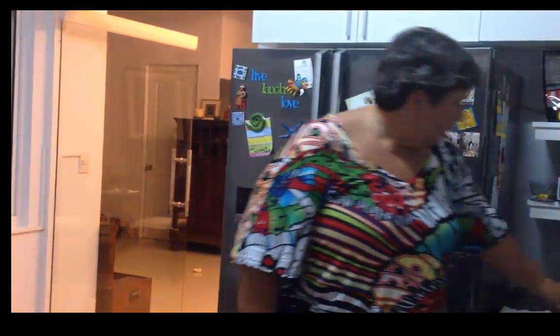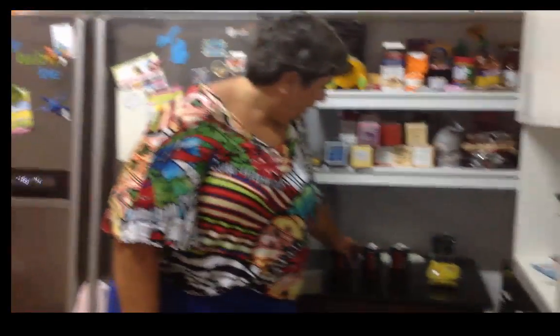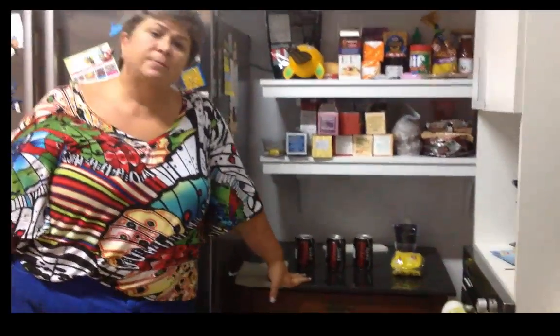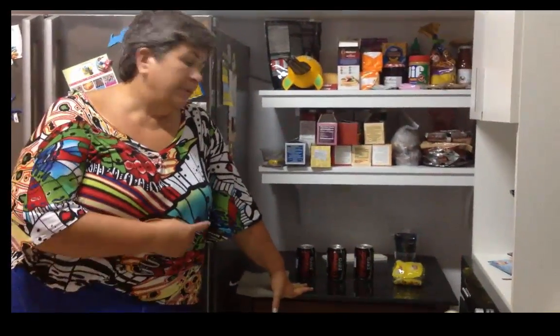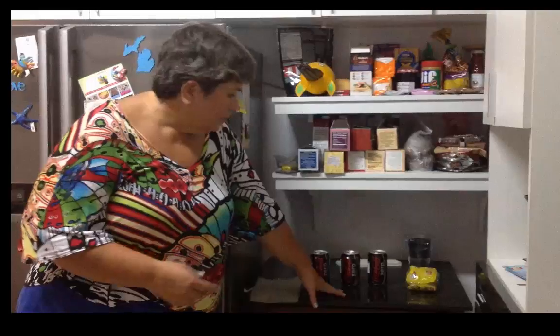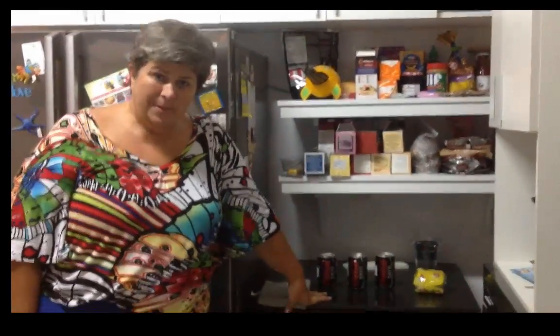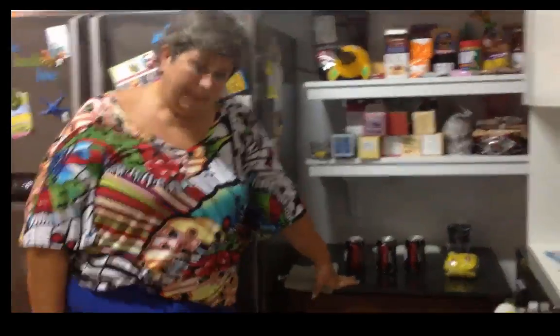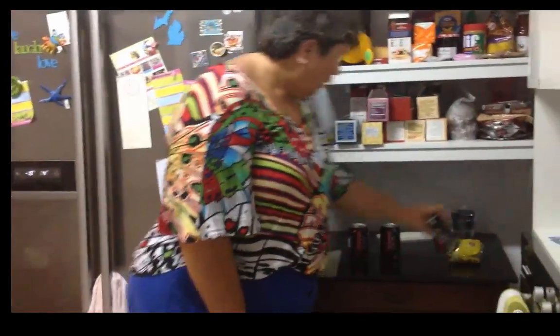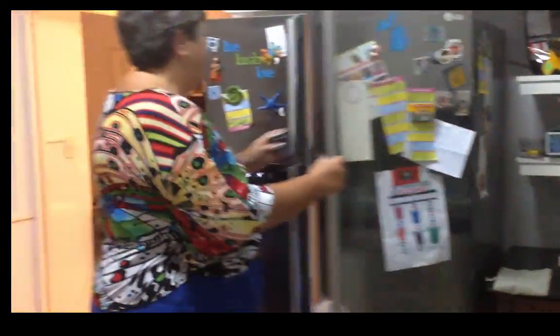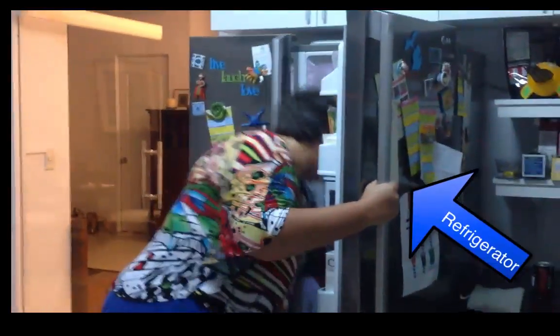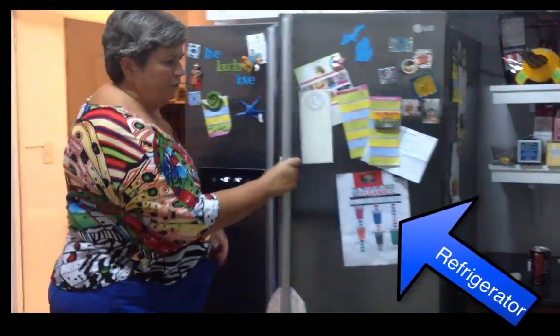I know that these Coke Zeros are all at the same starting temperature because they've been stored here on top of this little table all day. They have got to be the same temperature because they've been in the same place, right? So I'm going to take one of these Coke Zeros and put it in the refrigerator, on the bottom shelf.